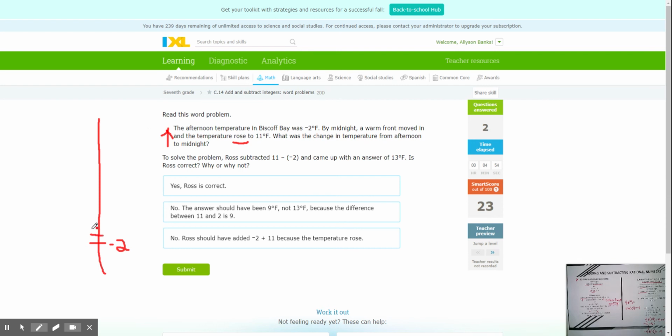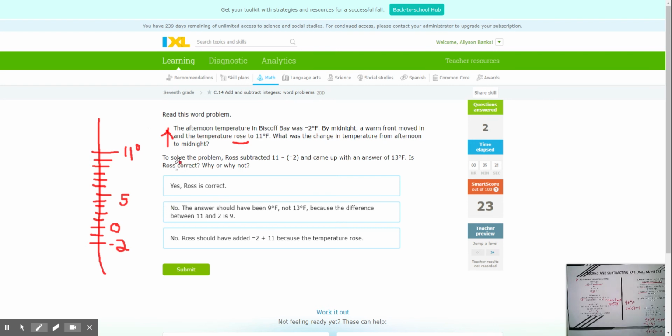So let's say -1, this is 0, and then 1, 2, 3, 4, 5, 6, 7, 8, 9, 10, 11. This is 11. So it rose to 11 degrees, right?